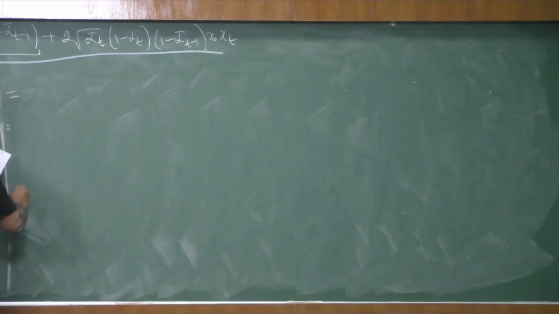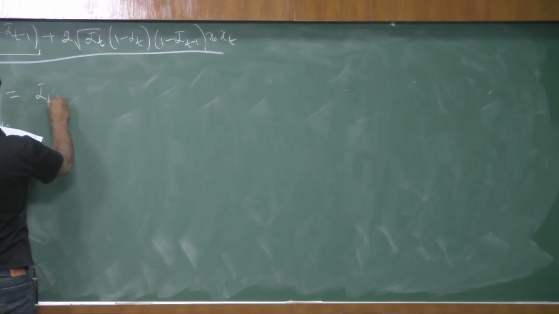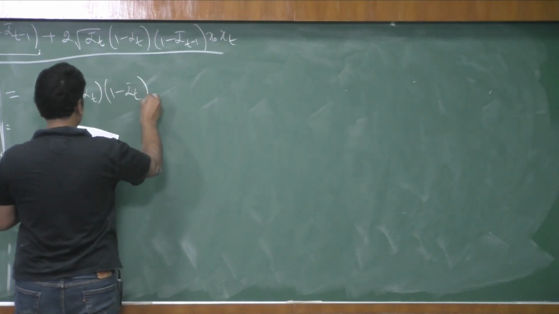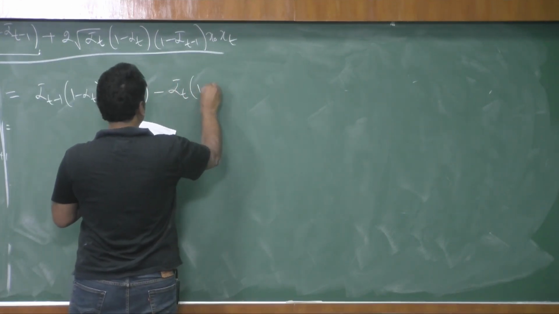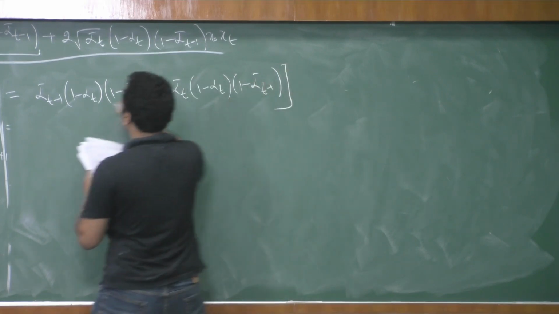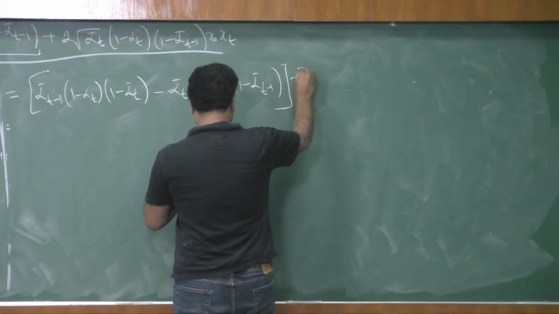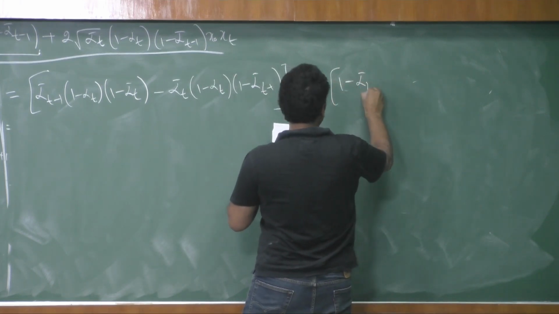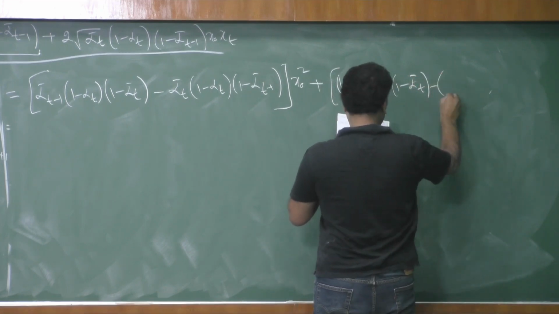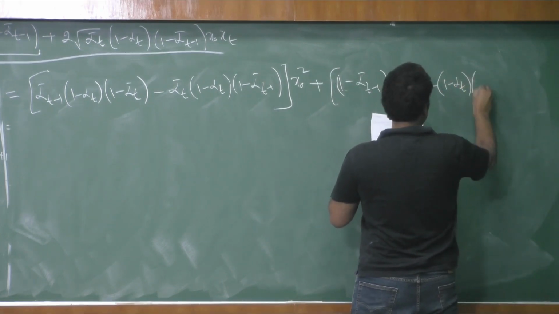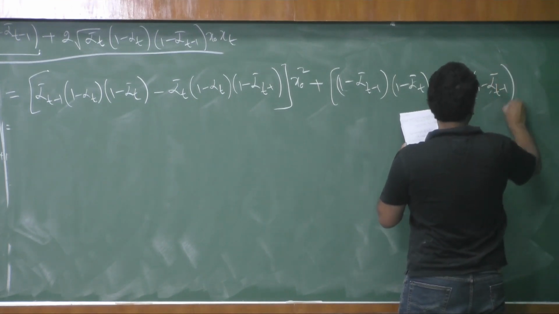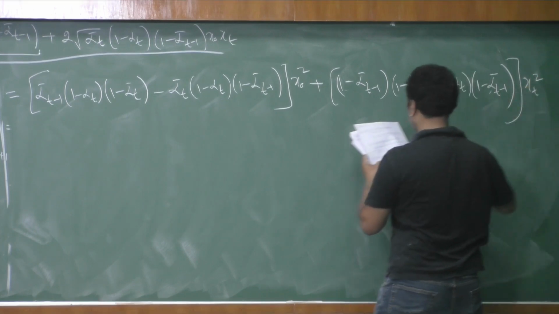So this is alpha bar t minus 1, 1 minus alpha t, alpha bar t minus alpha bar t, 1 minus alpha t, 1 minus alpha bar t minus 1, and this goes with x naught square, and plus 1 minus alpha bar t minus 1 and 1 minus alpha bar t minus 1 minus alpha t, 1 minus alpha bar t minus 1, and this goes with xt squared.